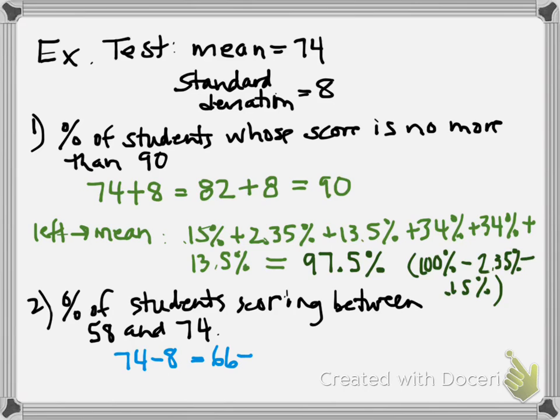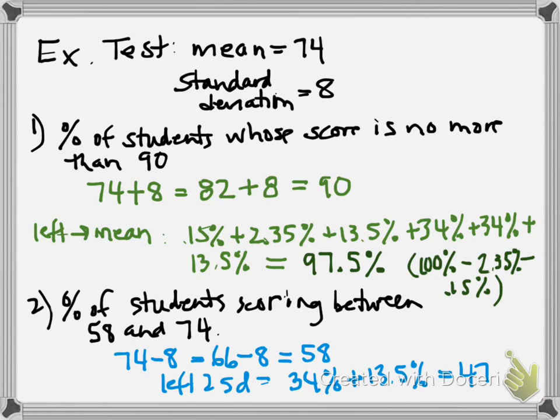And if I subtract 8 from that, that will give me the 58. So students who score 2 standard deviations to the left represent these percents. So the first one is 34%. The second one is the 13.5%, for a grand total of 47.5%.